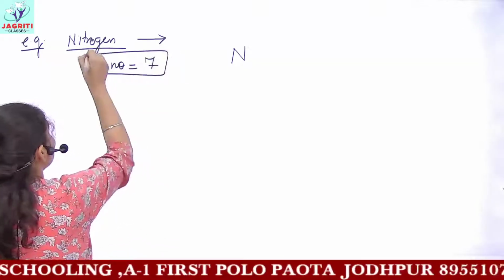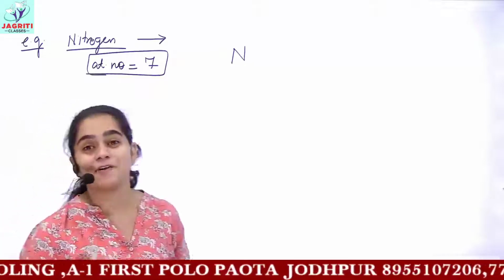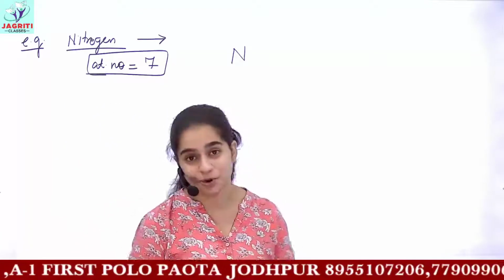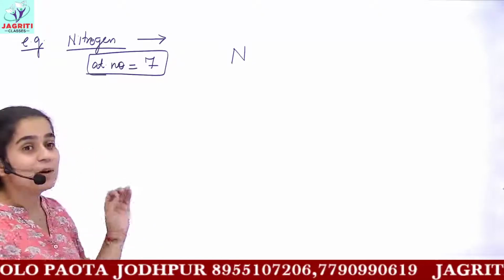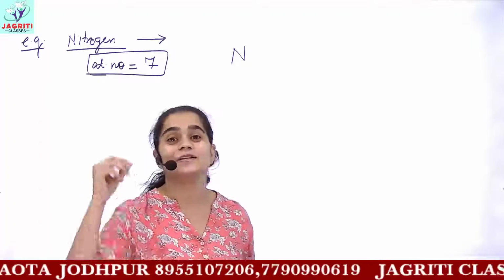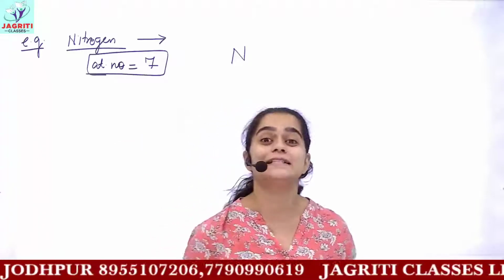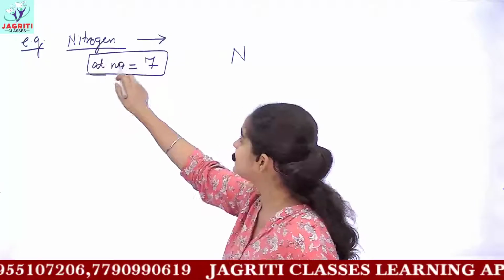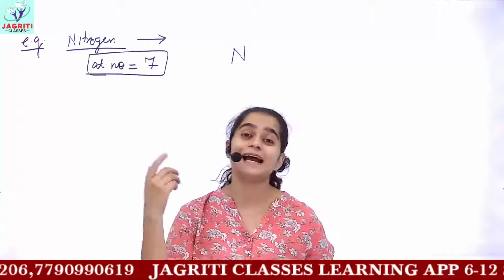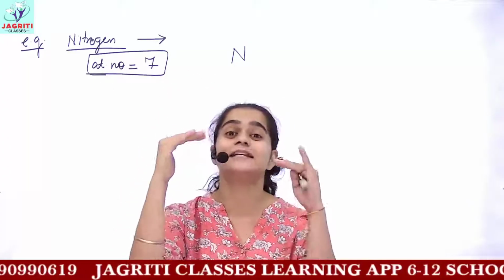Now for knowing the atomic number and mass number, you have to memorize the table given in your books, okay? Or you can memorize the periodic table too. At least memorize the first 18 elements given in your NCERT textbook, because that is necessary now. So nitrogen has an atomic number 7. You can see in that table that nitrogen comes at the 7th position.